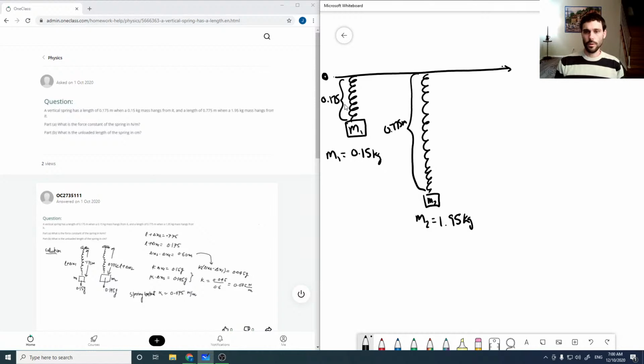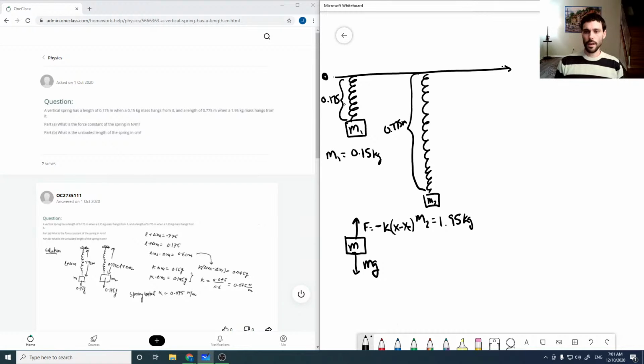Okay, so first let's identify the forces in place here. So we have some mass. We're going to have our gravitational force, which is mg. And it must be being balanced by the spring force, which is minus k times x minus xe, or not squared, sorry, mixing it up with the potential.